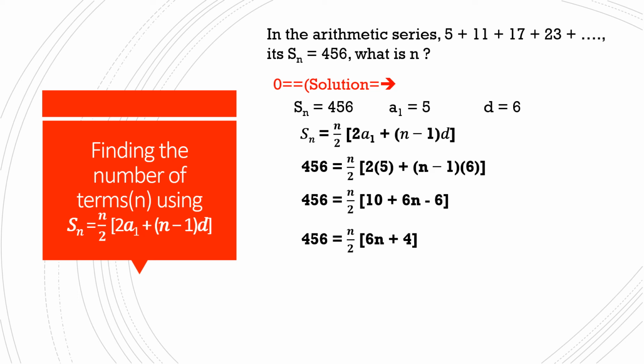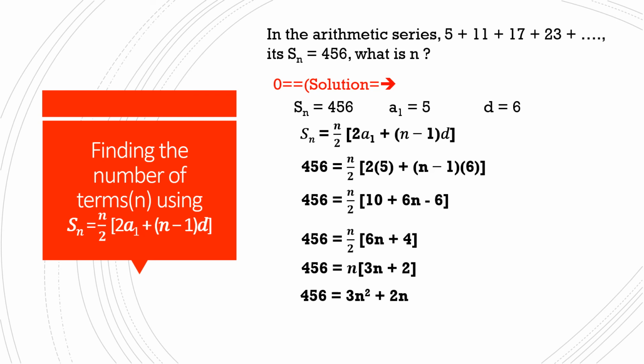So we can cancel now the 2. So this would be 456 is equal to n times the 3n plus 2. Then we are going to distribute n to the 3n plus 2, or multiply n to the 3n plus 2. So this will become 3n squared plus 2n.